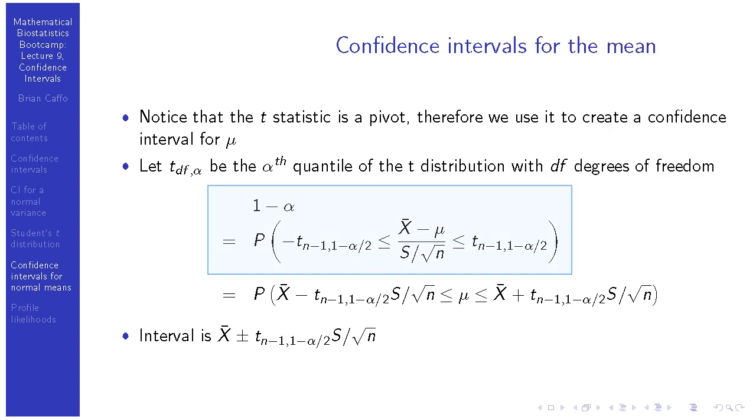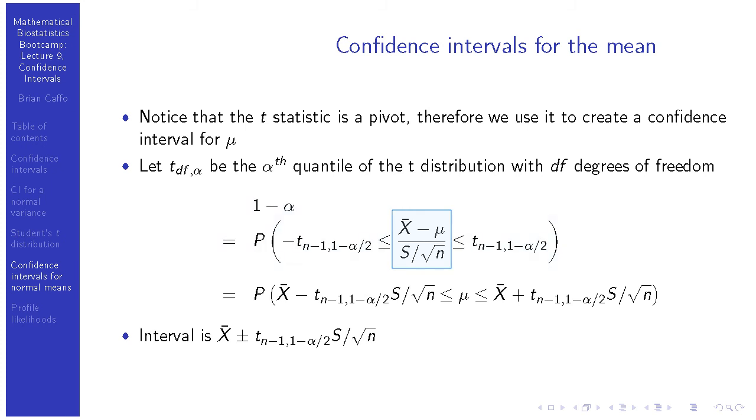And so this probability statement, 1 minus alpha, is equal to the probability that this statistic lies between those two quantiles. So the probability that this t random variable lies between the alpha over 2 lower quantile and the 1 minus alpha over 2 upper quantile is exactly 1 minus alpha.